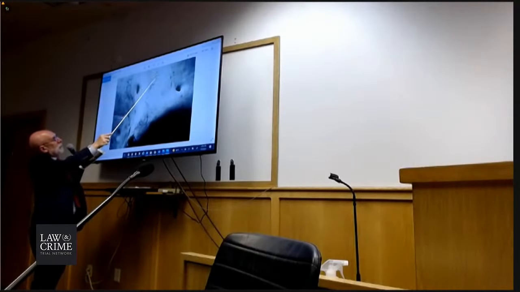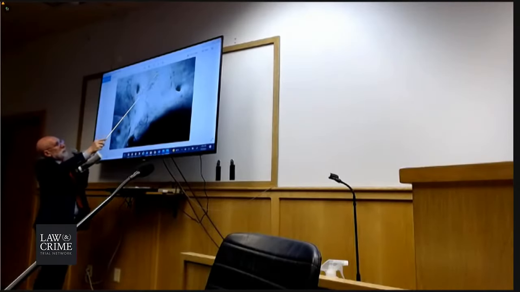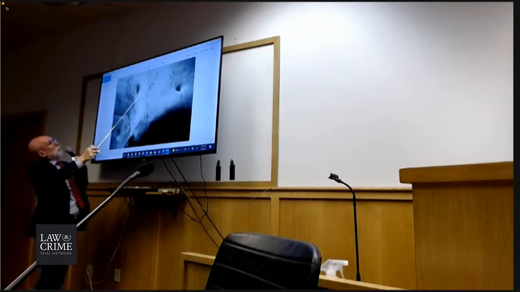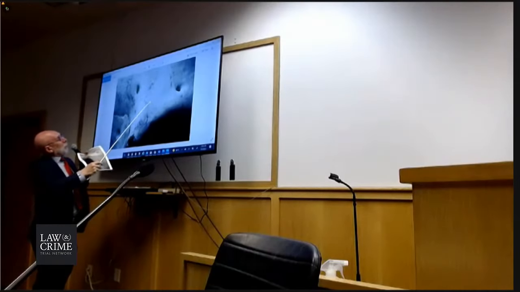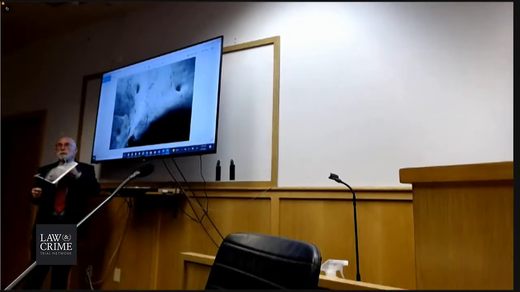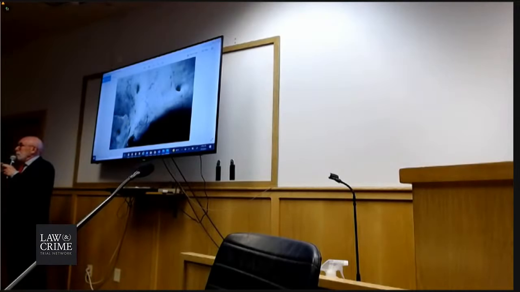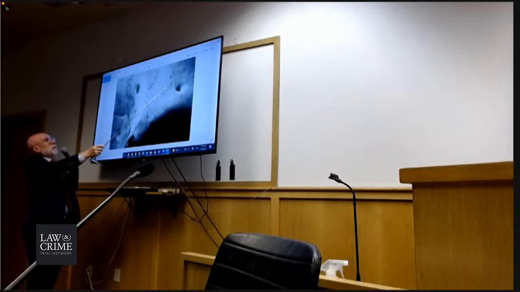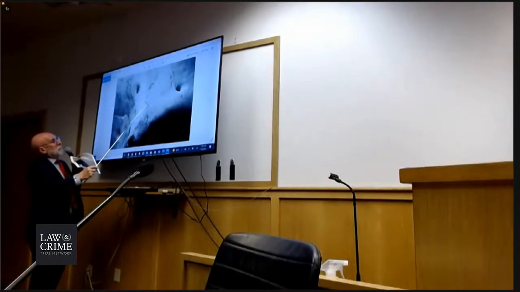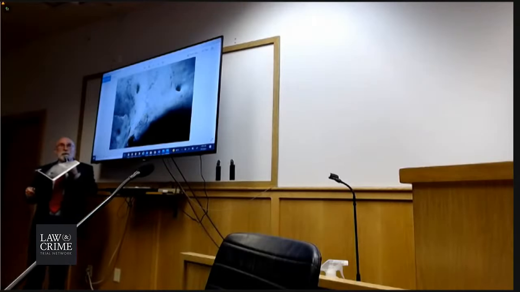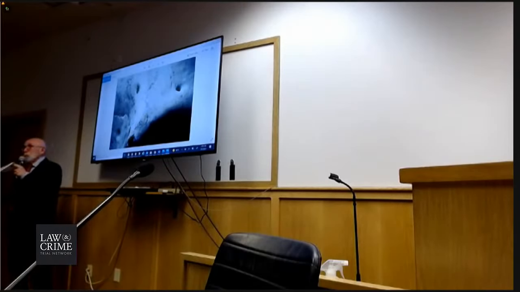However, in other areas, we can see some areas that are consistent with post-mortem predation. There are some defects here which I question the possibility as possibly a sharp force defect, but I can't really render that opinion because it's in part covered with casting material, and in part, at least in this photograph as published, I can't see the surface characteristic as well.